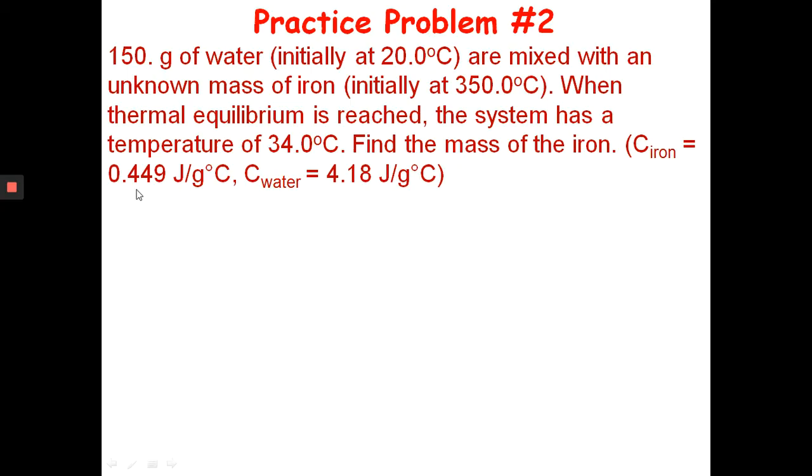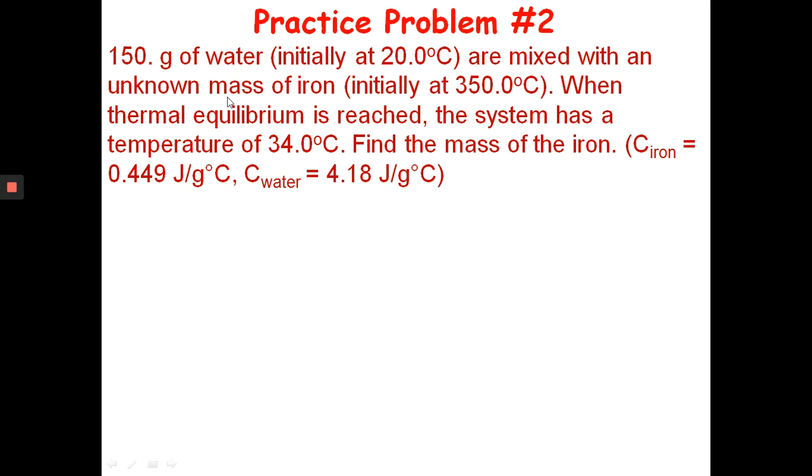Practice number 2. 150 grams of water, initially at 20.0 Celsius, are mixed with an unknown mass of iron, which was initially at 350.0 Celsius. When thermal equilibrium is reached, meaning two systems join together, the system has a temperature of 34.0 Celsius.